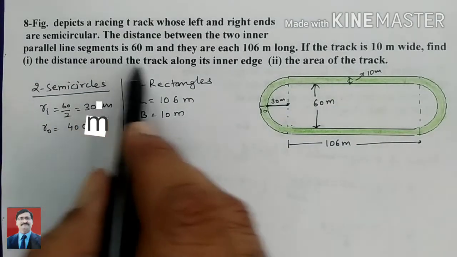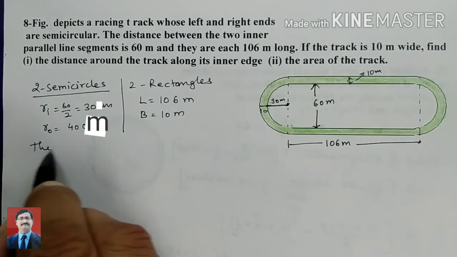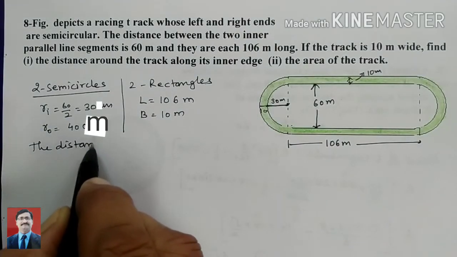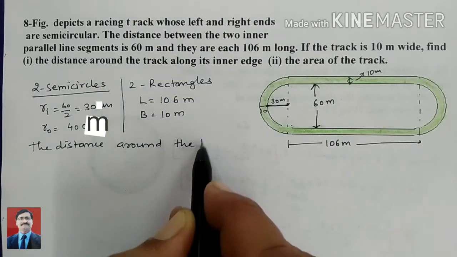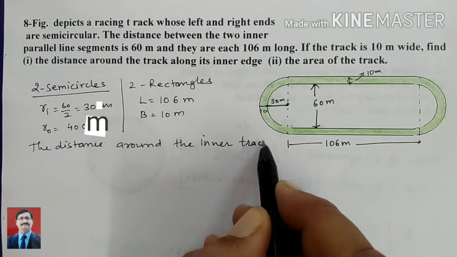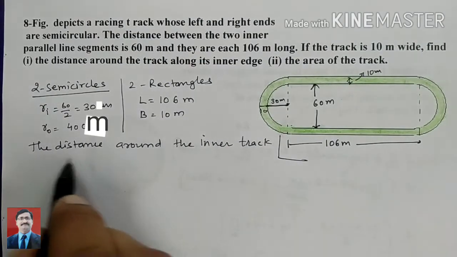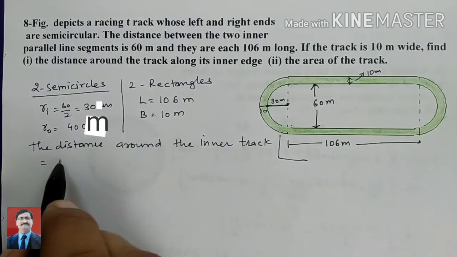First we have to find the distance around the track along its inner edge. The distance around the track, inner track, will be equal to, look here, inner track means first we have this length.